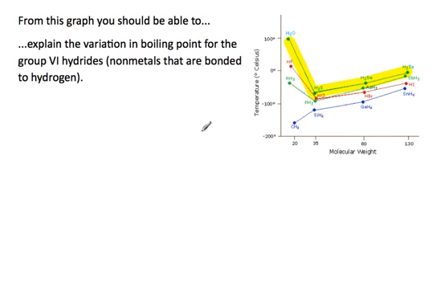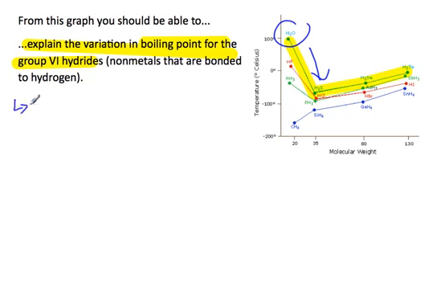Okay, well, how about explaining the variation of boiling point for the group 6 hydrides? So that is shown down here. And so we're starting at the top here. This is water up here, and then you see this big decrease in boiling point, and then you see a gradual increase again. So let's look at the gradual increase.